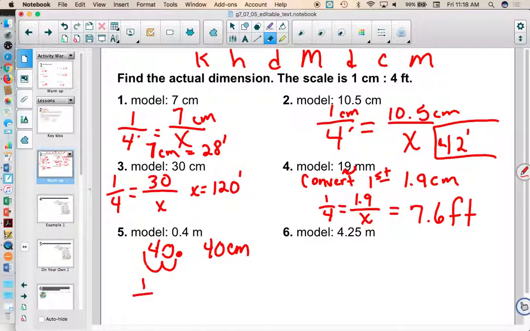So I have 1 to 4 equals 40 over x. What's the actual distance? 160 what? Go back up to the scale. Feet, okay?